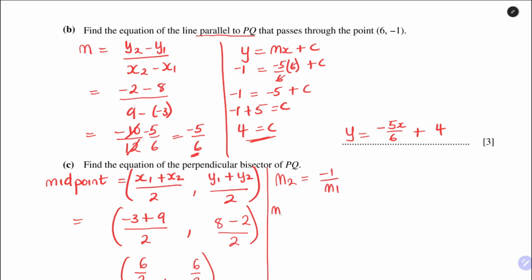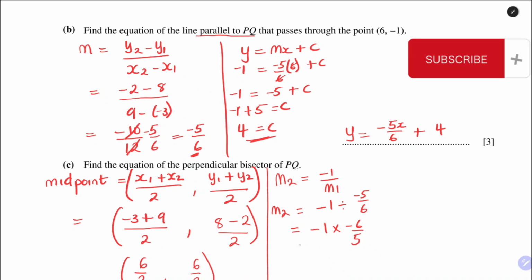So our m2 here will be minus 1 divided by our m1, which is minus 5 over 6. This gives us minus 1 times minus 6 over 5. Remember, you need to flip it when you're changing your division sign to multiplication. And this results in 6 over 5.